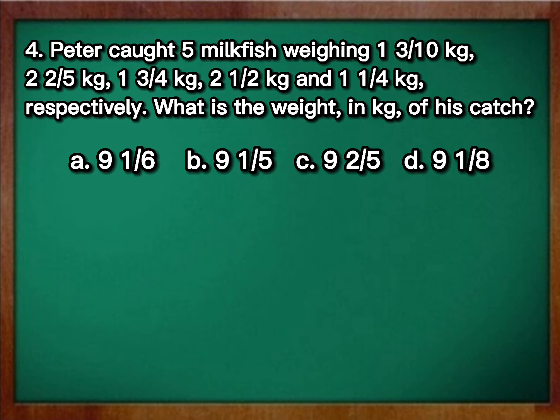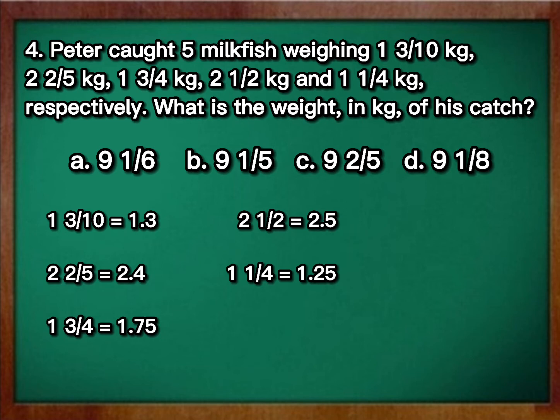Next, Peter caught 5 milkfish weighing 1 and 3/10 kilogram, 2 and 2/5 kilograms, 1 and 3/4 kilogram, 2 and 1/2 kilograms, and 1 and 1/4 kilogram respectively. What is the weight in kilograms of his catch? To add these, just get the decimal value of each fraction by dividing its numerator by its denominator, such as 1 and 3/10, that's 3 divided by 10, that's 1.3. 2 and 2/5, 2 divided by 5, that's 0.4, so that's 2.4.